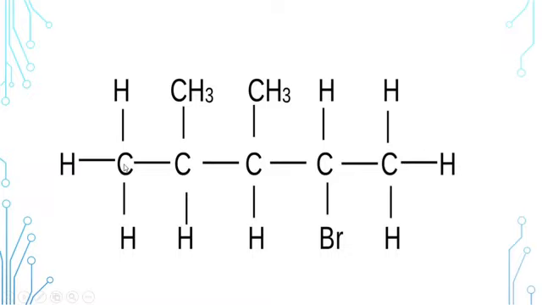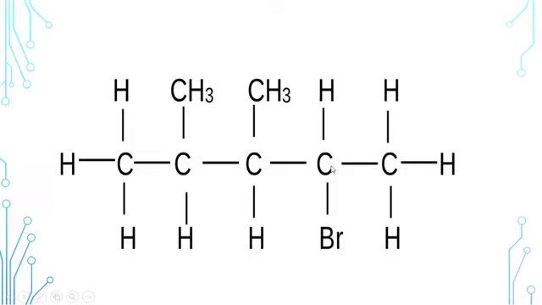The rule says the alkyl groups will always have first preference over the halogens. That means numbering will have to start from this side here. So this is carbon number 1, carbon number 2. In carbon number 2, we have a methyl group. Also in carbon number 3, we have a methyl group. How many methyl groups? 2. So that's 2,3-dimethyl.